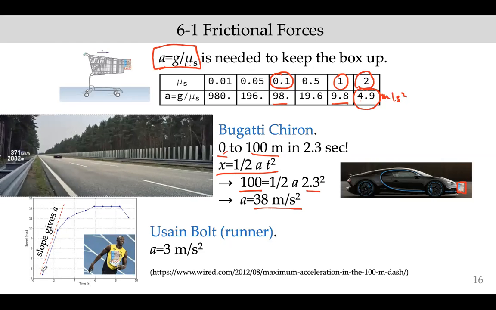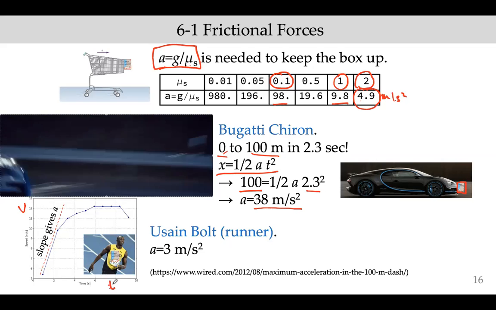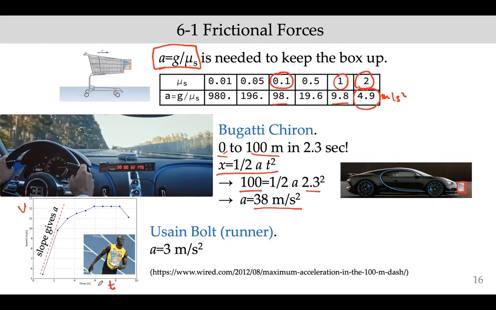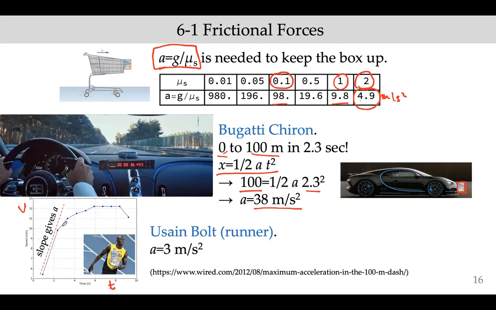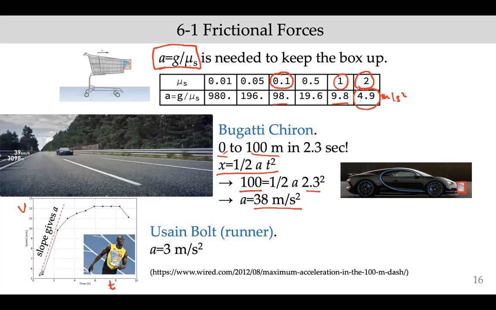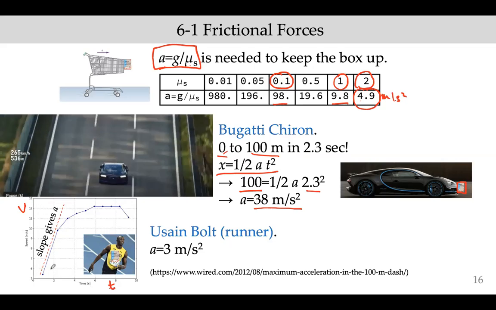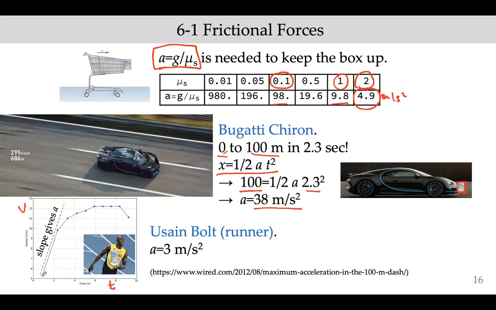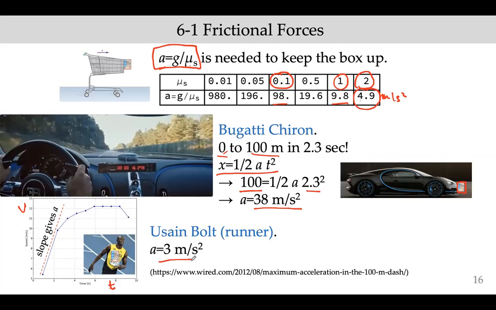If you remember, in the v-t graph, the slope gives you the acceleration, right? Now, if you look at this slope, this point is about 10, this point is about 5.2. So subtract them, and the time for that is about 1 second. So his acceleration is about 3 meters per second squared.